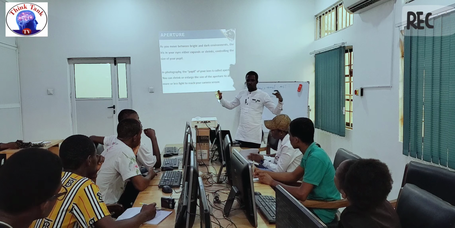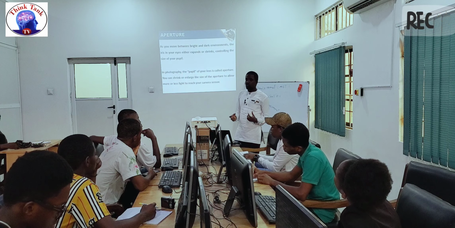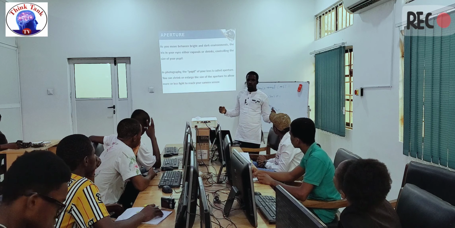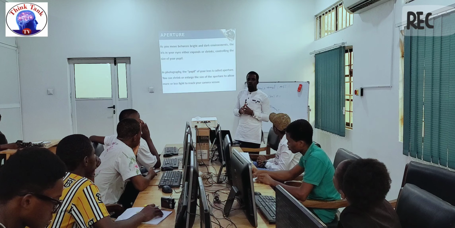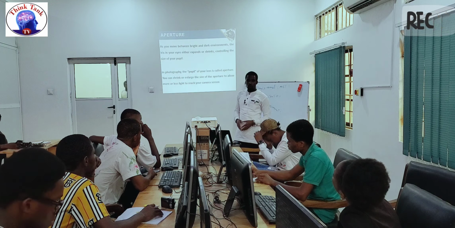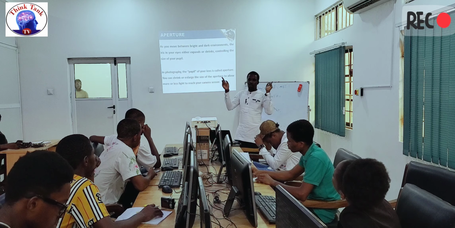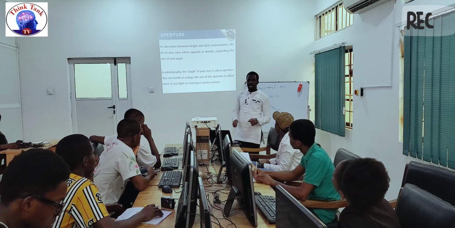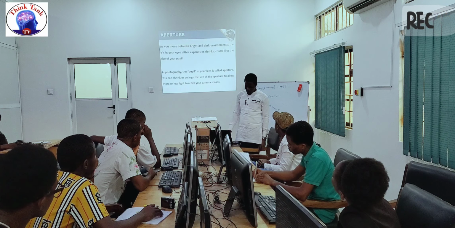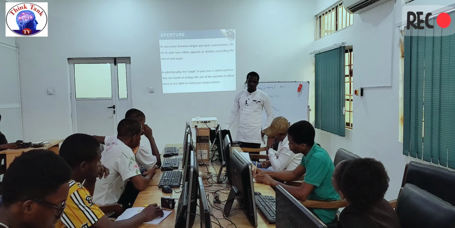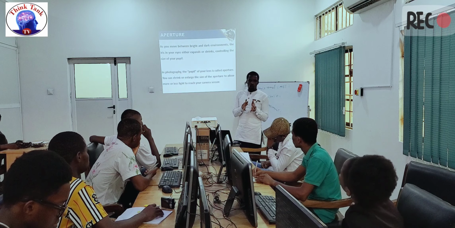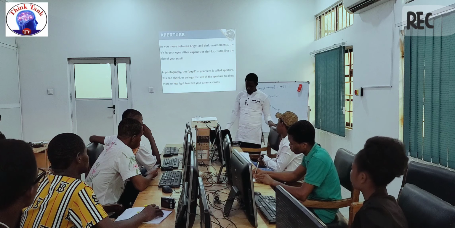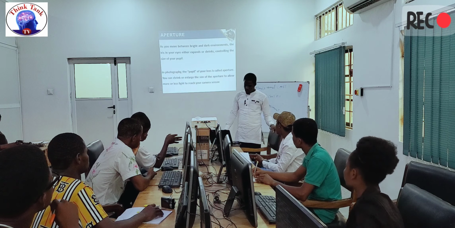If you open the reel of film and it gets exposed to light, you have just destroyed that film. And where they print, we call that place a darkroom. If you go to the studio where they print pictures, it's not a normal light environment. It's a special room where they print. Because I told you, light is photography. Photography is light. But you have to be very careful not to destroy the sensor.